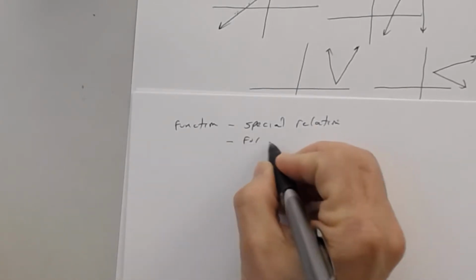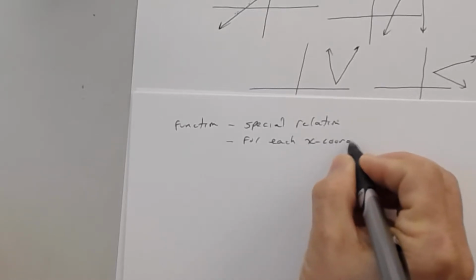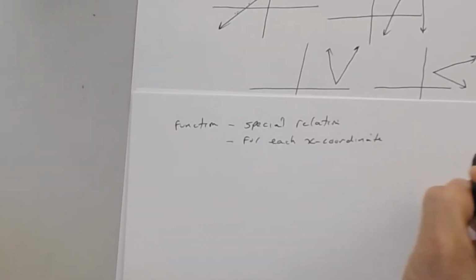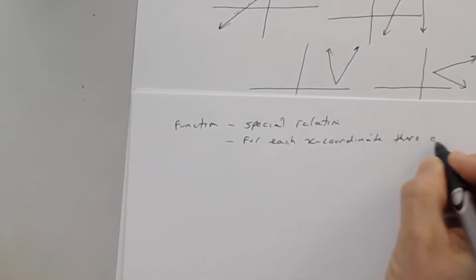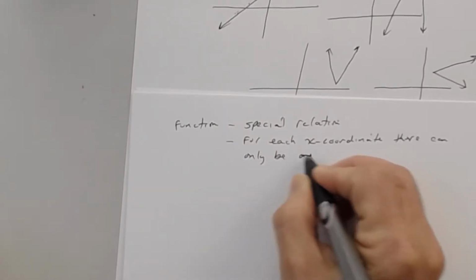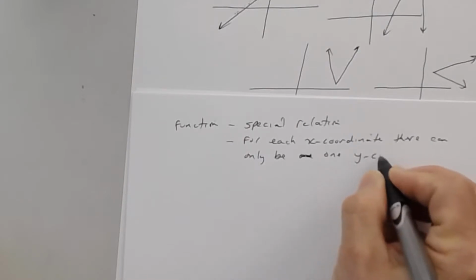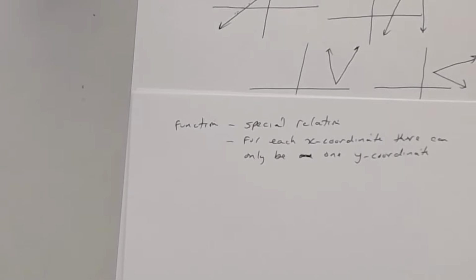For each x coordinate, there can only be one y coordinate. That's the definition. For each x, there's got to be what? Only what? One y value. That's what it says. And then it would be a function.